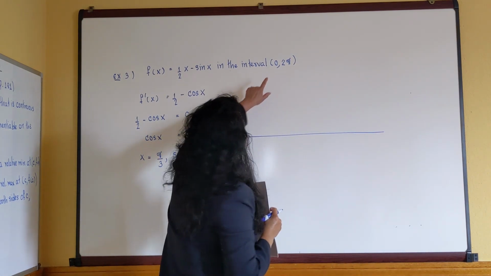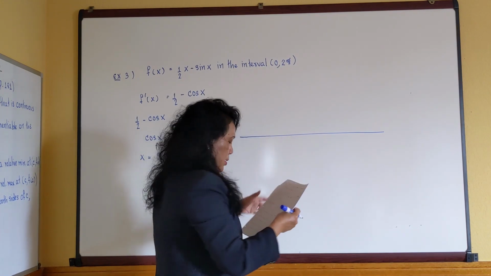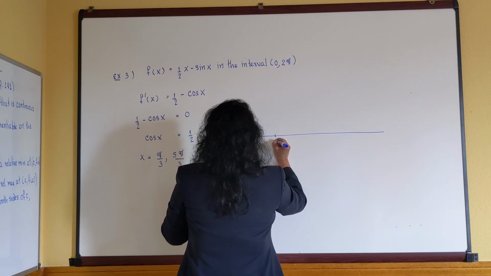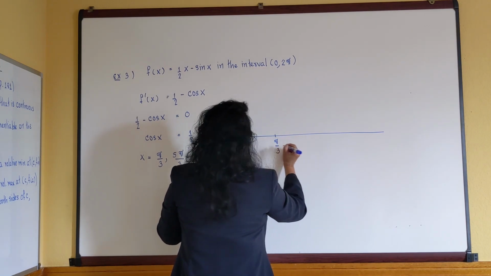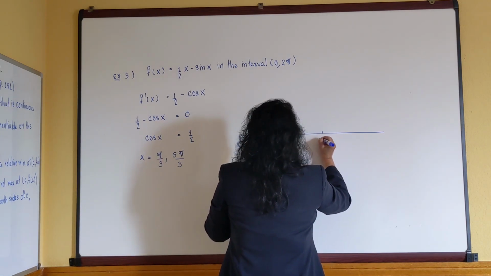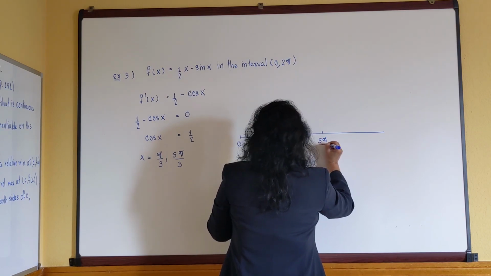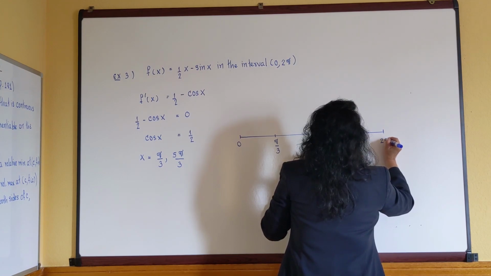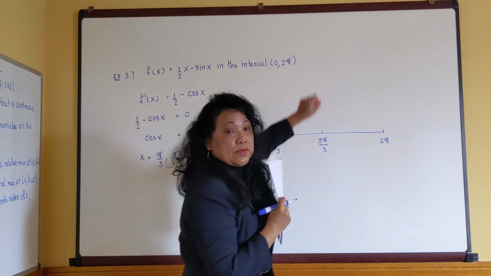Now my interval is 0 to 2 pi. Alright, 0 is over here. Pi over 3 is over here. 5 pi over 3. And then 2 pi. Okay, that's my interval.